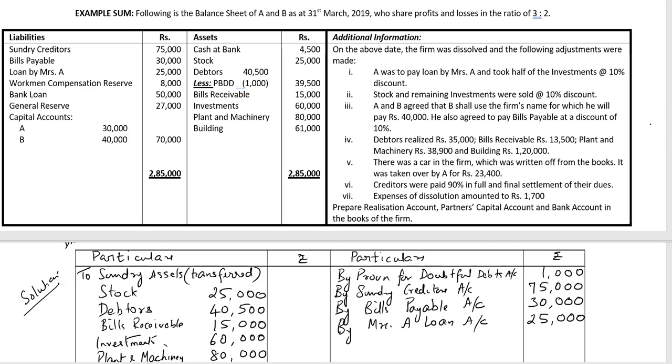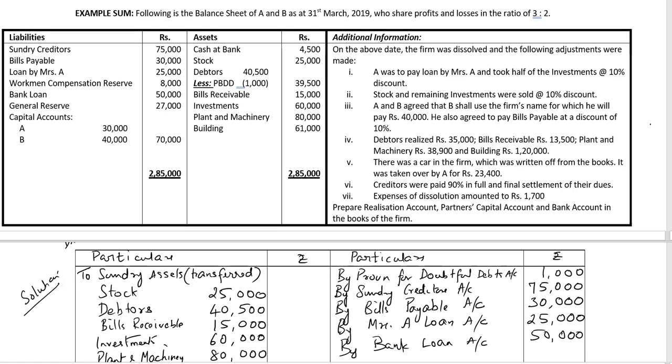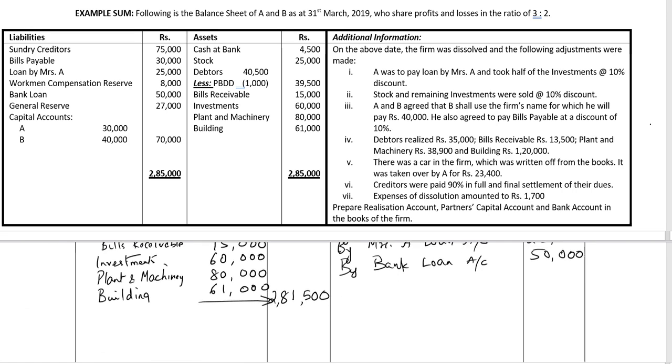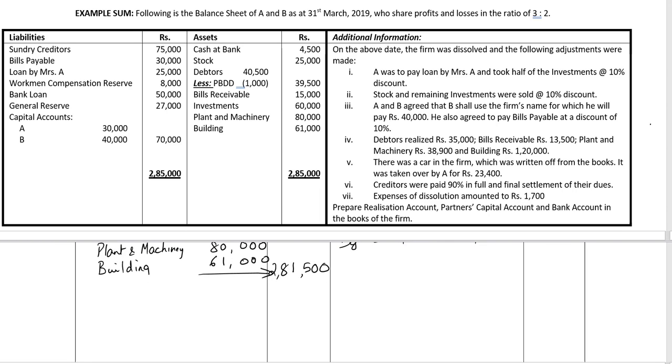So we will distribute the entire reserve among the partners A and B in their profit sharing ratio. Next item, by bank loan, external liability, ₹50,000. We've transferred the external liabilities. We'll deal with the additional information.